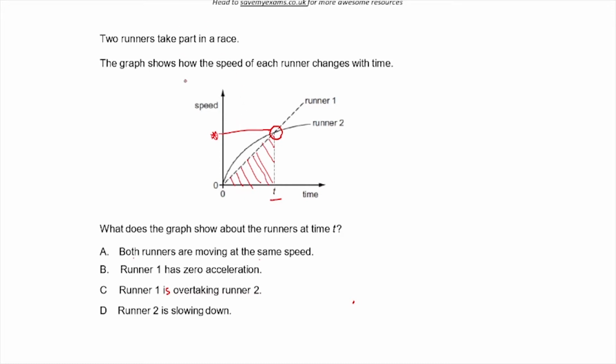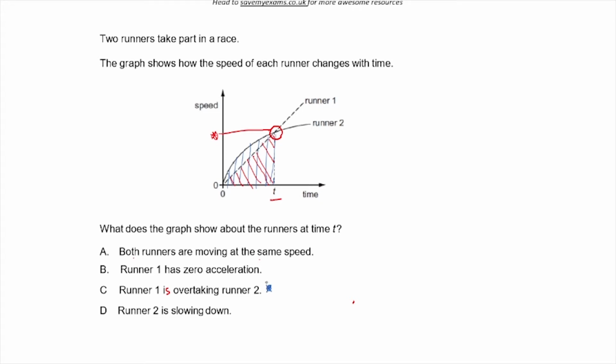And the distance covered by runner 2 would be the area under the graph for runner 2 in blue up to that point. You've realized that the area under the graph for runner 2 is bigger than the area under the graph for runner 1, meaning that runner 2 has traveled a longer distance. However, we do not know their relative points of where they started from. So it can't be correct.